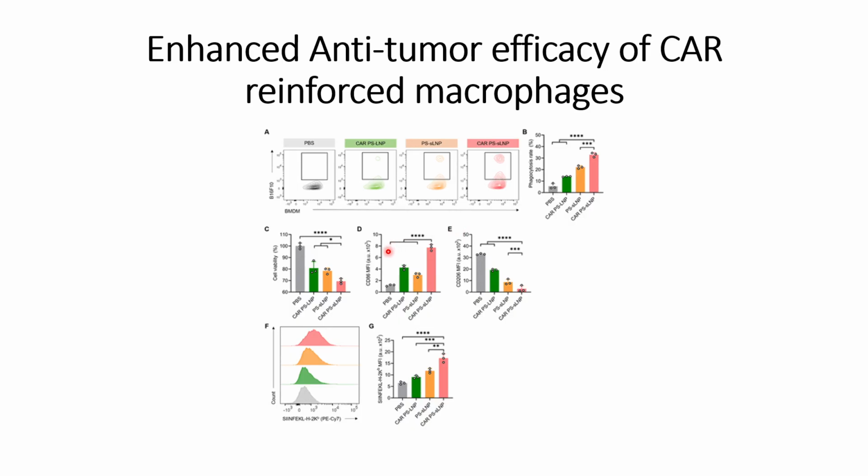They checked the M1 type marker, that is CD86, and they can see that it is highly expressed in CAR-PS-sLNP, which has the pro-inflammatory or anti-tumorigenic response. This shows a positive result, that the macrophages maintained the M1 type phenotype. The macrophages with CAR-PS-sLNP maintain the M1 type phenotype significantly higher compared to the other cases.